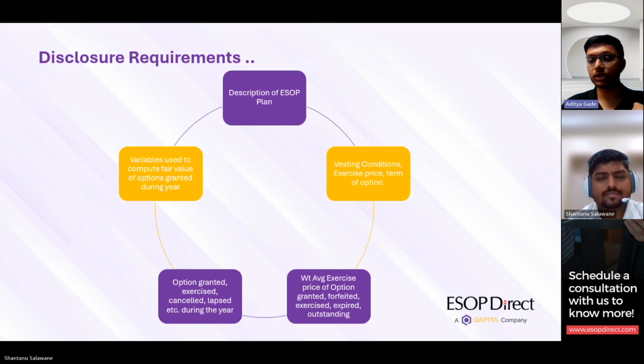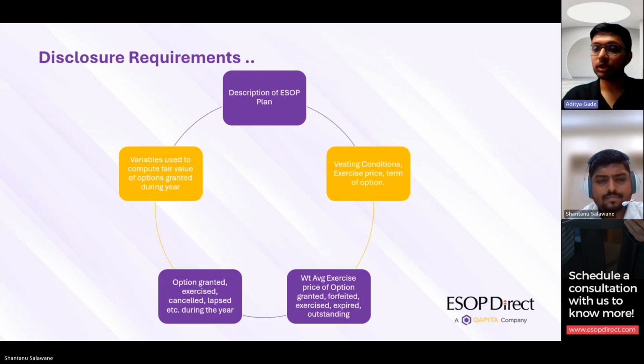Let's say one option is granted to me. So I am that person who has been granted 1% or more of the total paid up share capital. It's not that we are not allowed to do that. It's just that we need to disclose that with name. So we have to consider that as well, that the name of that particular employee would be in the financial statements.